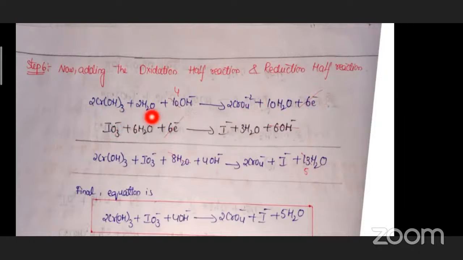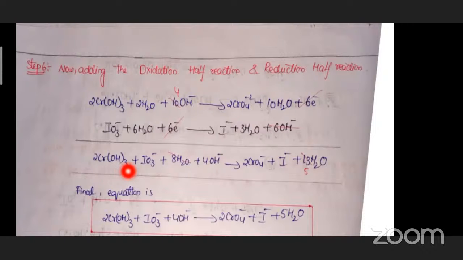And remaining things you check. 10 OH minus ions on the reactant side in this equation and 6 OH minus ions on the product side here. So here we have to cancel off. So 6, if you remove from 10, it becomes 4. So 4 OH minus ions. Okay. And at the same time, water also you can do here, but I'm showing it in the next step.